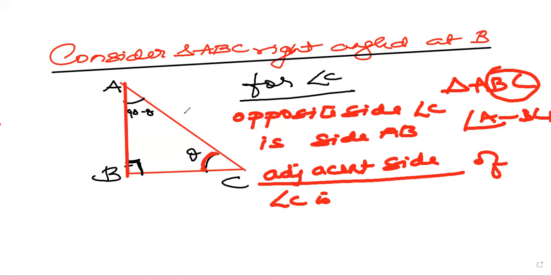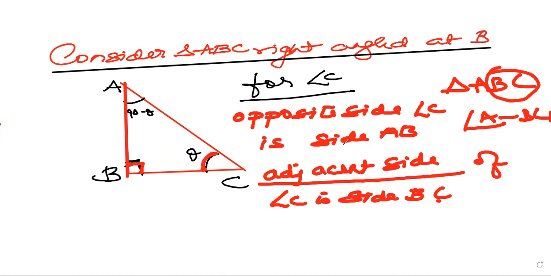But AC is the hypotenuse. AC has been given a special name. Side opposite to 90 is called a hypotenuse. So BC becomes the adjacent side. So the adjacent side of angle C is side BC. Side BC contains C. Are you getting me? I hope people are understanding.